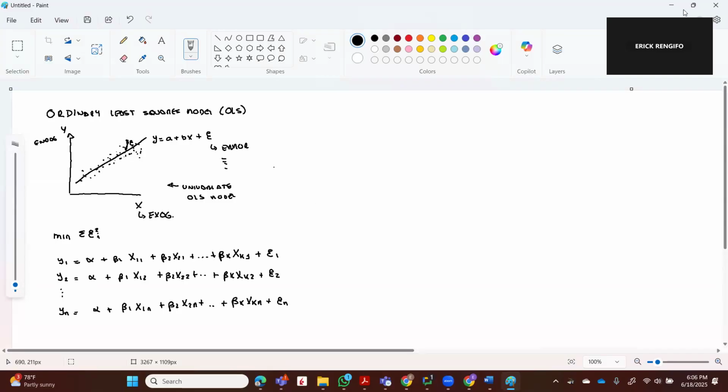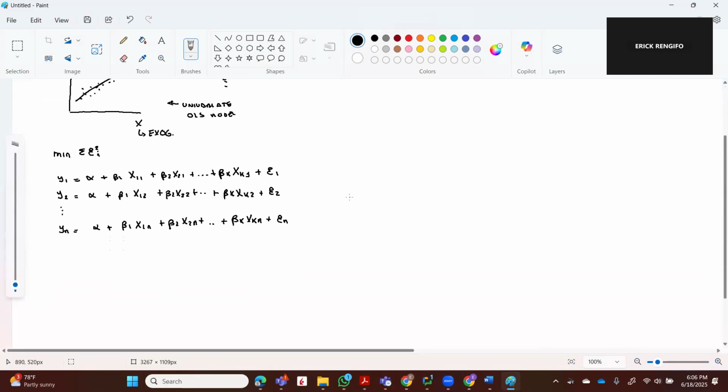Okay, so if we take a look at the model, it looks like a system of equations that we have worked with in the past, guys. In this case, I will collect y1, y2, yn in a vector. This is what is important for me in order for you to program. This one here is going to be my vector of data.